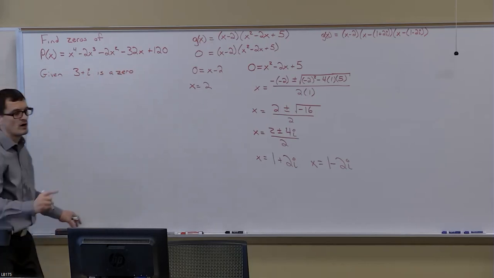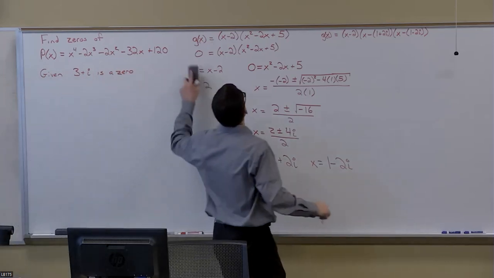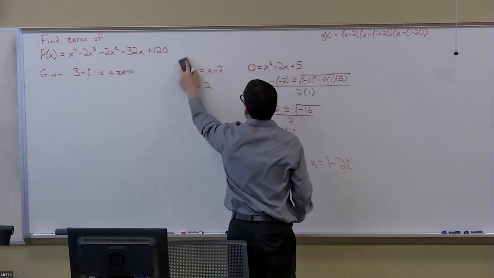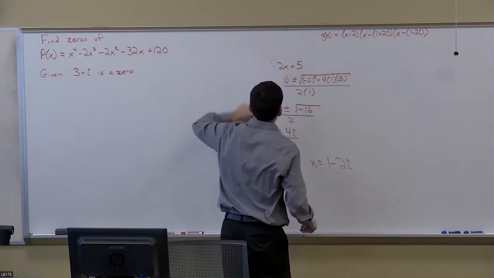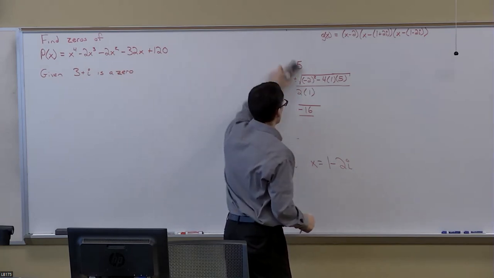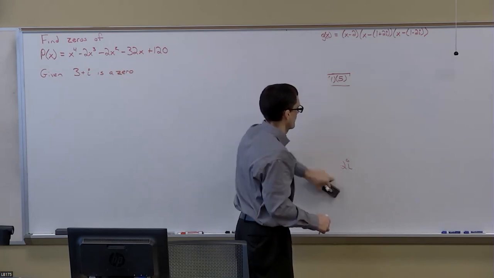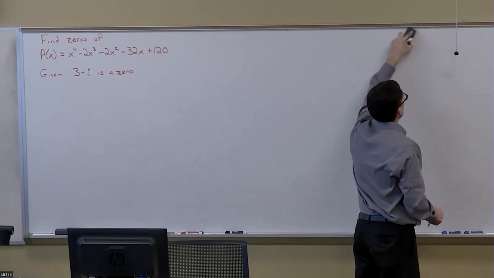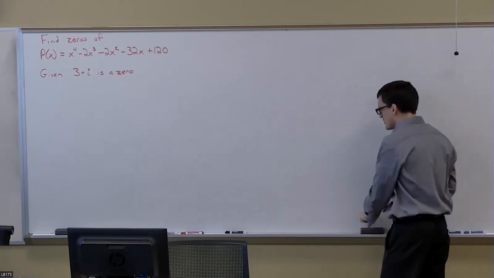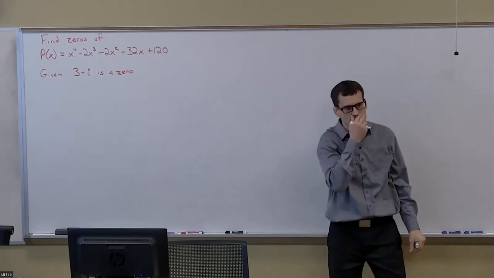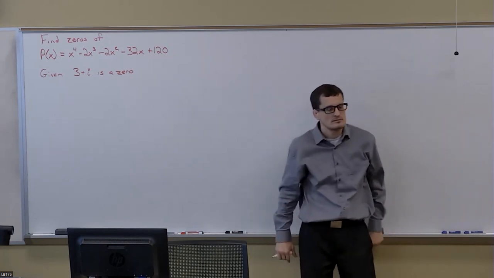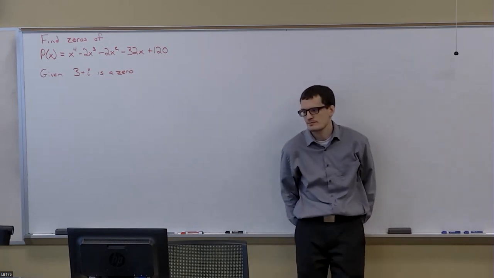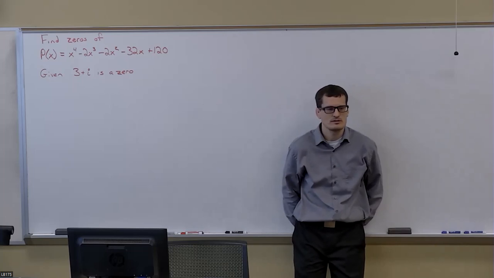And I'm going to give you 1, 0. Let's talk through this. So I'm given one of the zeros of this polynomial function. And one of the zeros is 3 plus i. Do you know any other zeros of this polynomial function?